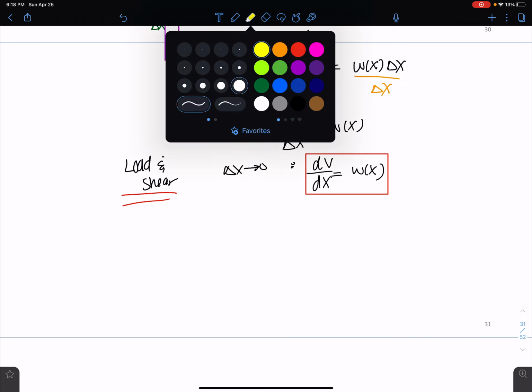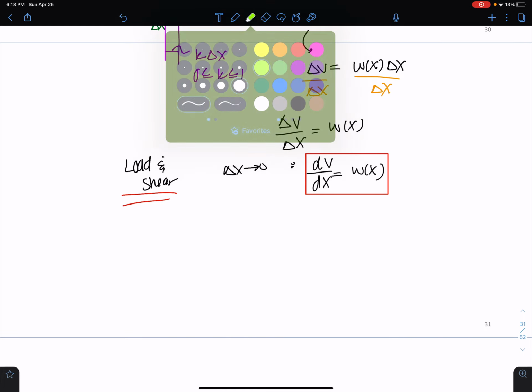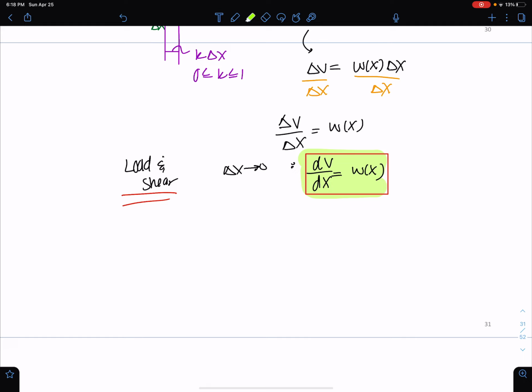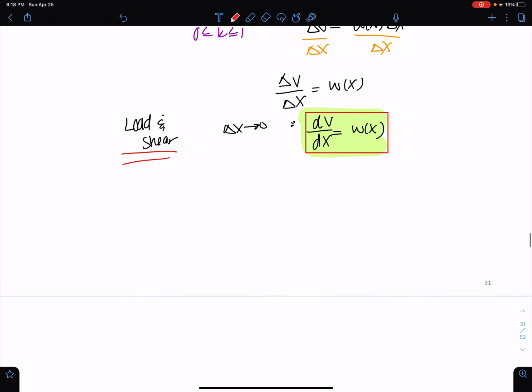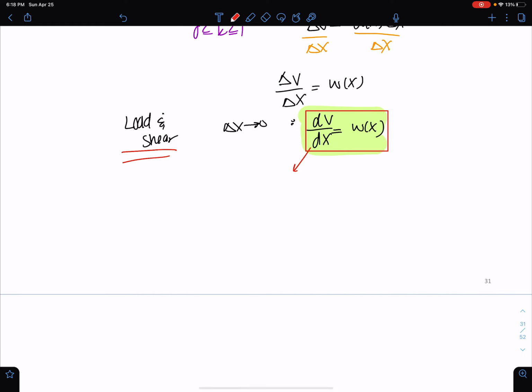This is super important, so I'm going to highlight it, put it in a box, right? So what does this tell us? It tells us that the slope of the shear diagram, this is the derivative, right? The slope of the shear diagram is equal to the magnitude of the distributed load.